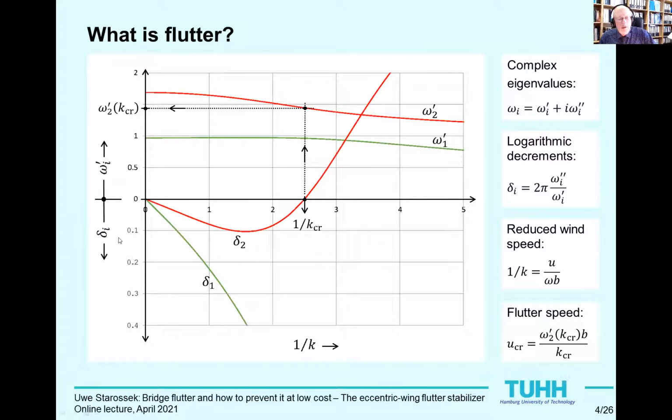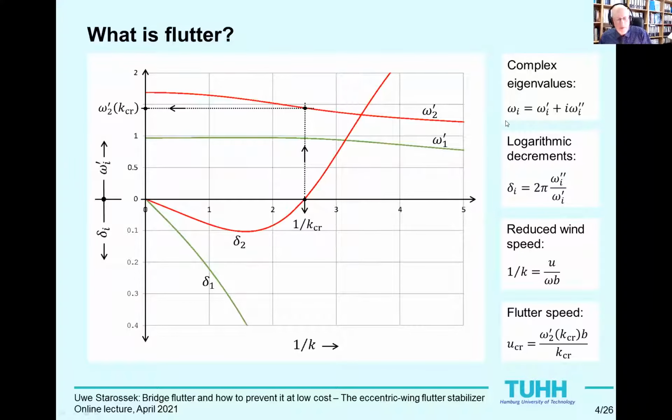In the bottom part of the diagram, the logarithmic decrements delta 1 and delta 2 are plotted, which are related to the imaginary parts, omega 1 double prime and omega 2 double prime of omega 1 and omega 2.